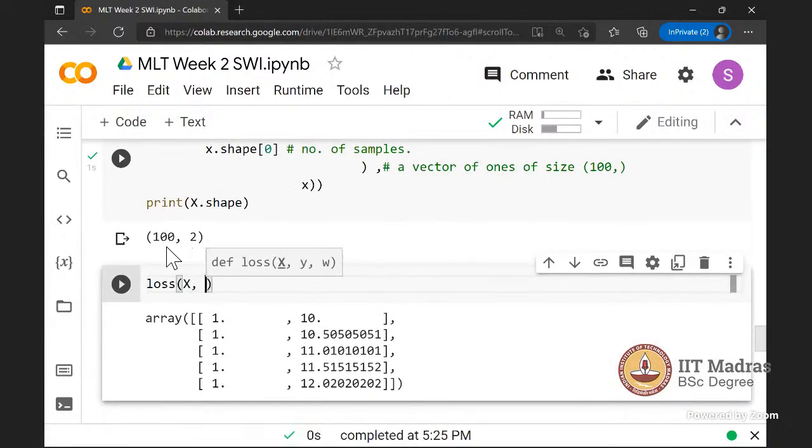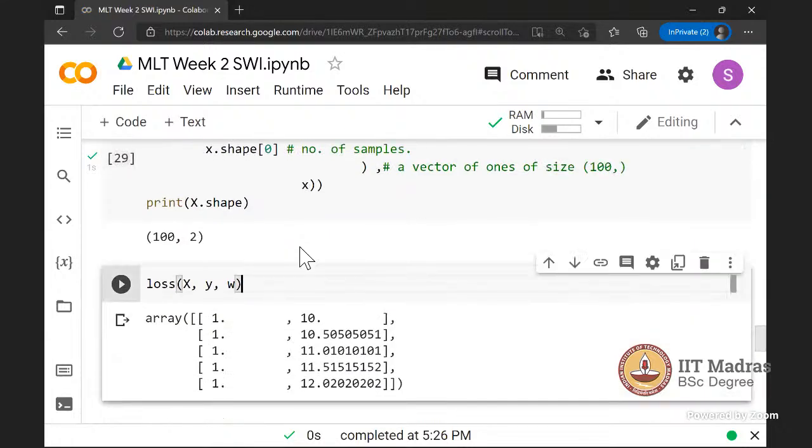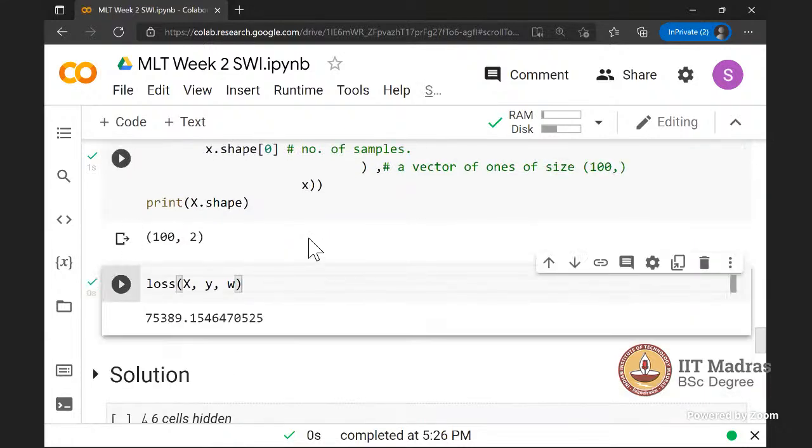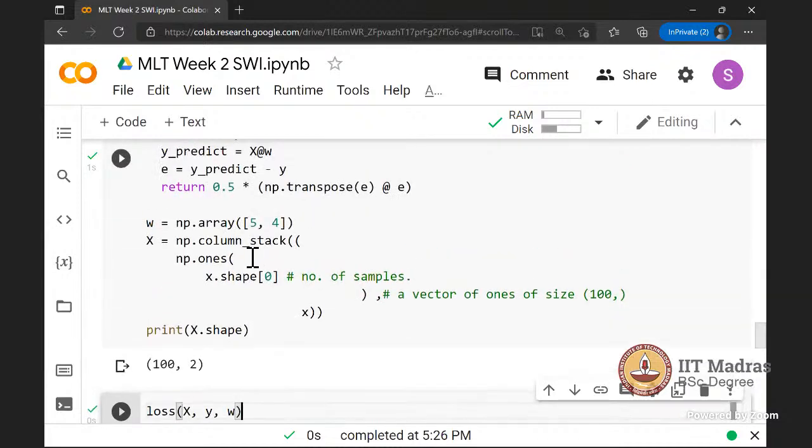We're going to pass X, we're going to pass Y, and we're going to pass W. Before I pass W, it's good practice to convert it into a NumPy array. Then if I execute it, this is going to give me the loss, which is the sum of squared error.